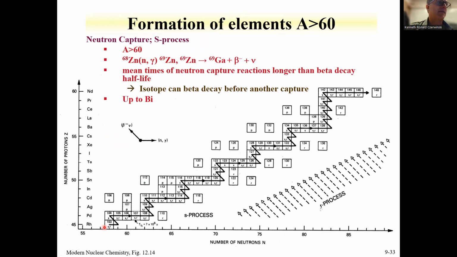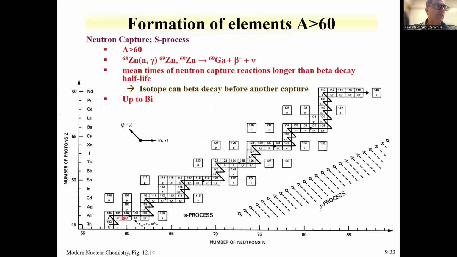Imagine that you have elements and they capture a neutron, they make an isotope which is neutron rich, it's beta unstable, it's radioactive. That neutron converts into a proton, and it moves up the periodic table.